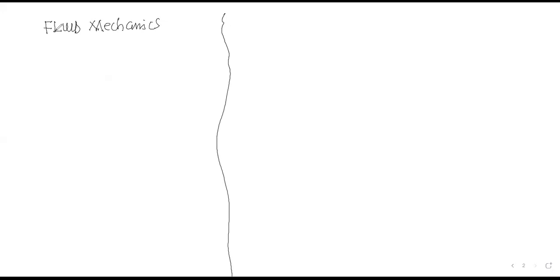What is density? Anita, what is density? Sir, the mass per unit volume of a substance. This is true, but what does it mean?